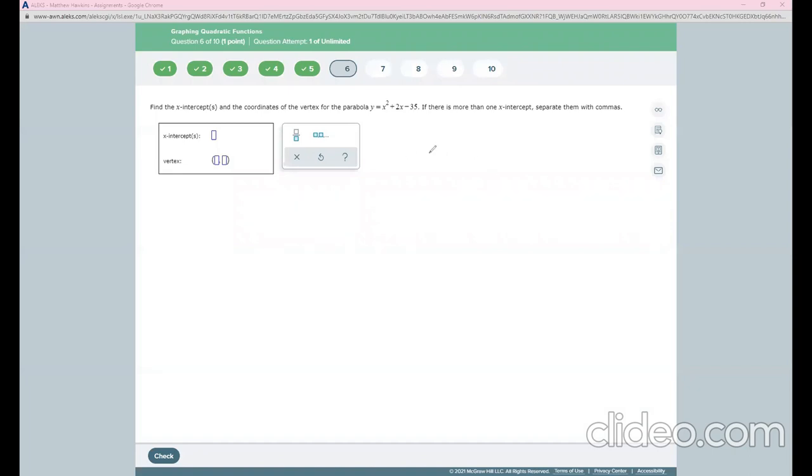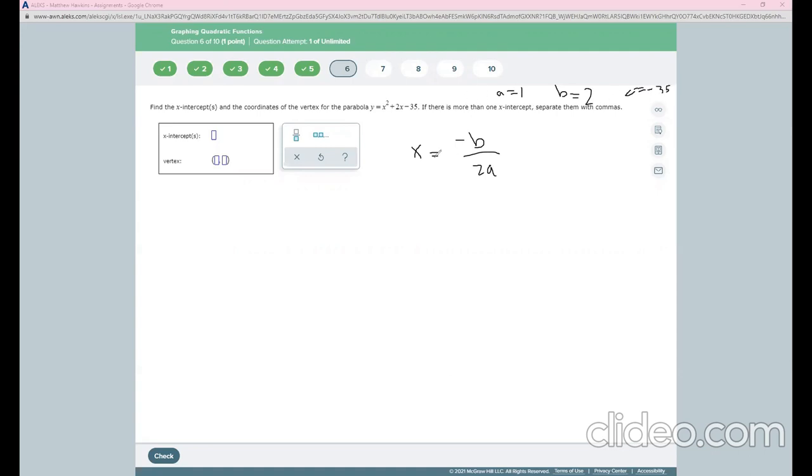So how we find the vertex is x equals -b over 2a. All right, so a is 1. B is 2, the number in front of the x that does not have the exponent. And C is -35, but we don't need C right now, but I'll still keep track of it.